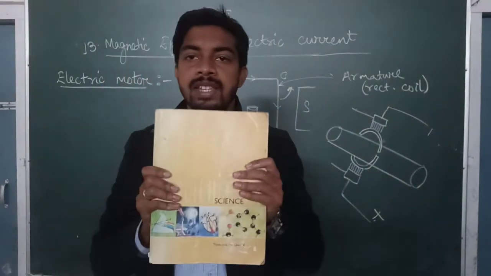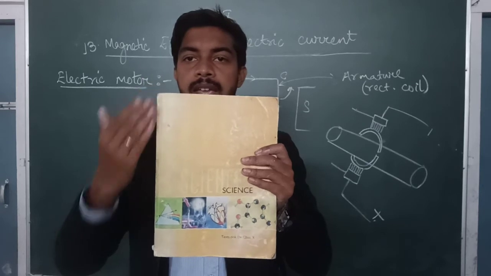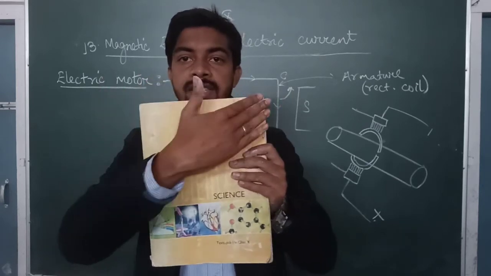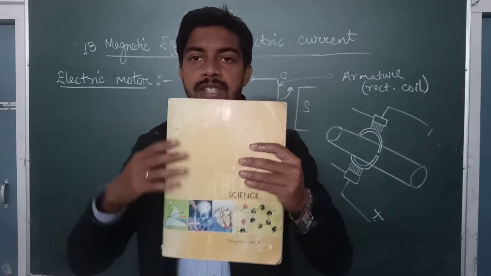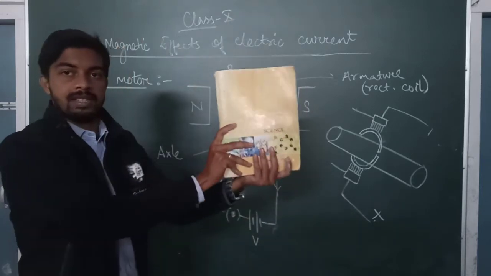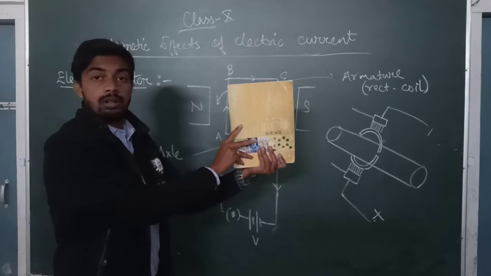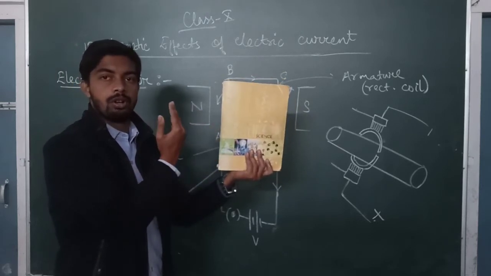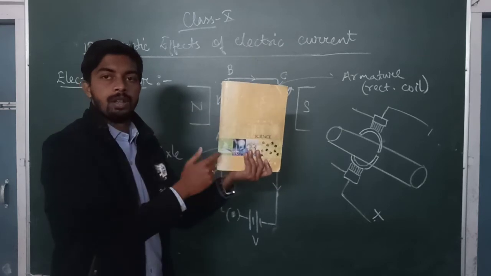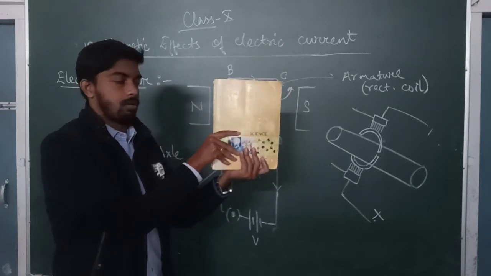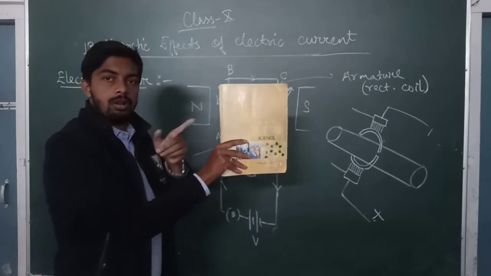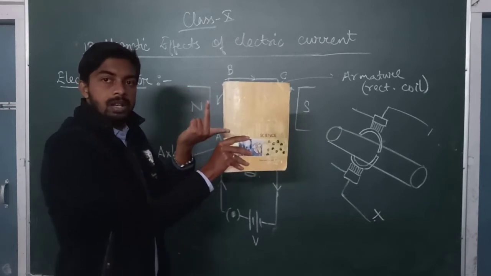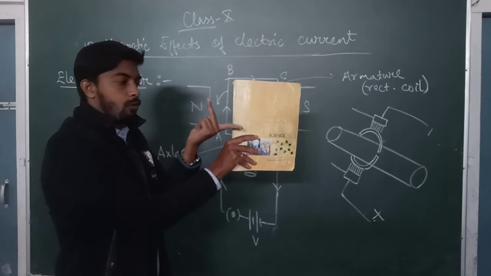For example, this is our rectangular coil A, B, C, D. Now let me confirm this by placing it here in front of the coil. North pole, south pole, magnetic field going from north to south, current is going from down to up like this, and the force is inside.